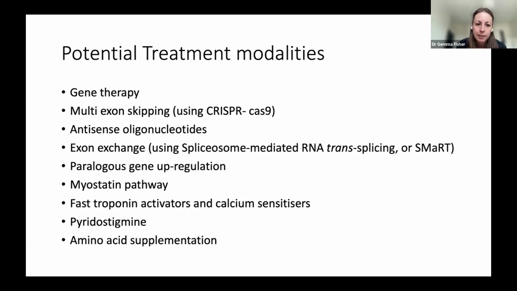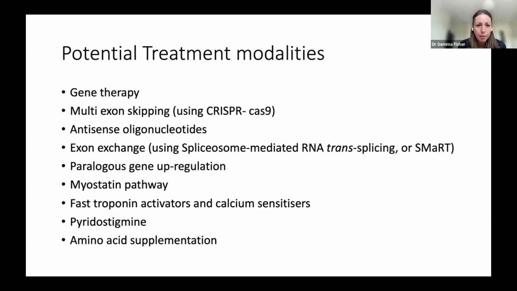Antisense oligonucleotides can skip a small amount of a gene to skip over the abnormal part to read a hopefully more functional protein. Exon exchange involves exchanging bits of genetic material. Paralogous gene upregulation involves looking at a gene that has a similar function and seeing if you can make that gene produce more protein, if it then can take the place of the abnormal protein.